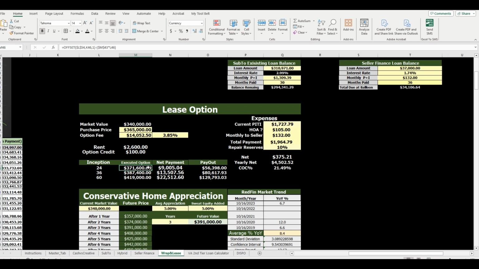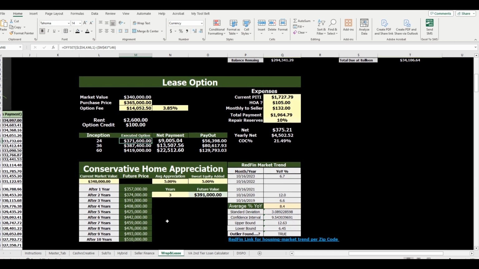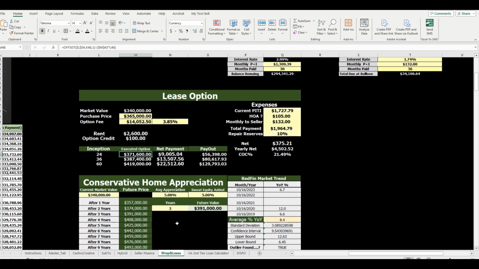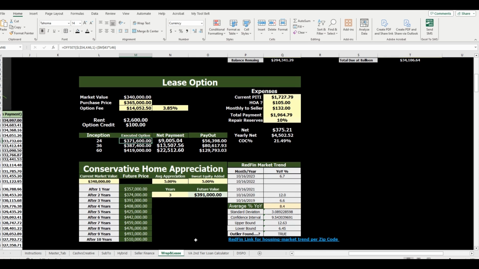Now, that rarely happens, and we are taking into account a very conservative estimate of what our expected home appreciation is going to be. And so with that being said, it's unlikely to happen that you will lose out on any equity that could have been obtained through the executed option.